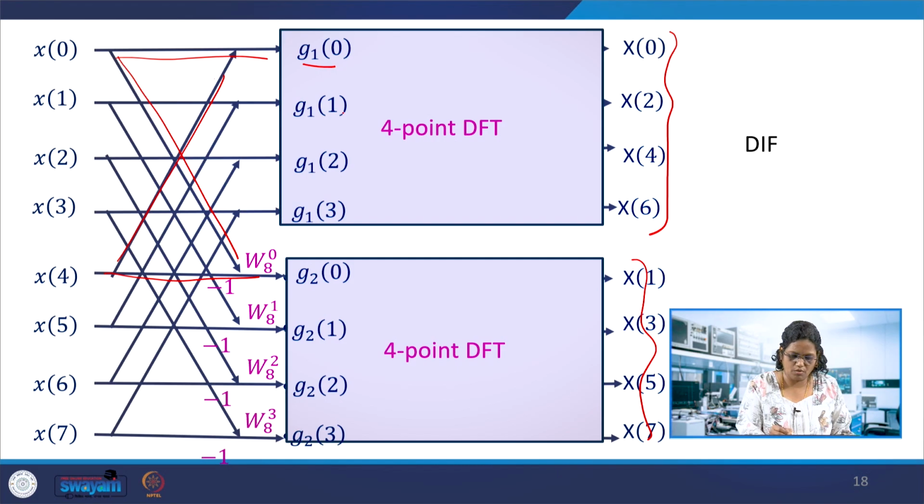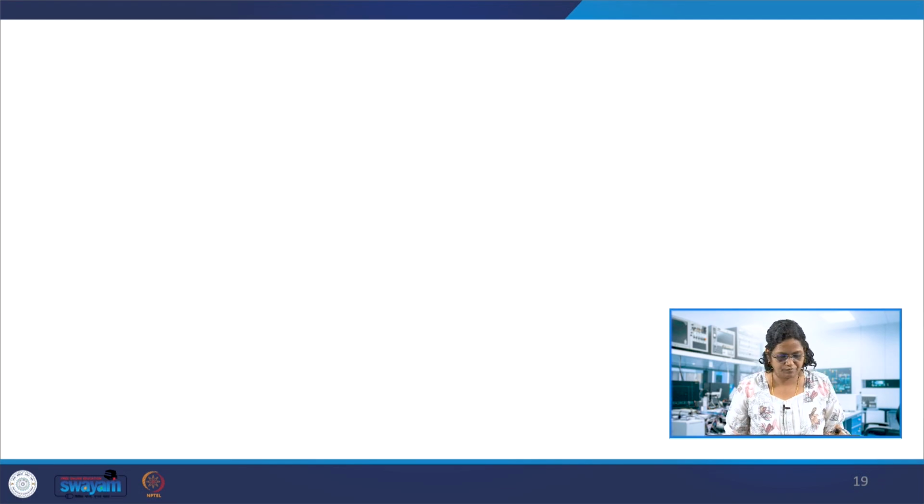So G1 0, 1, 2, 3 are the first ones, and G2 0, 2 1, 2 2 and 2 3 are the next ones. So here W8 0, 8 1, 8 2, 8 3 are the W suffix N power n values we got in the butterfly. So after this the 4-point DFT is coming out as even and odd.